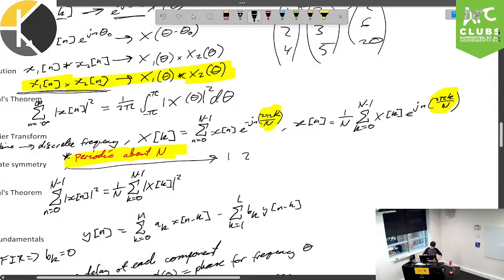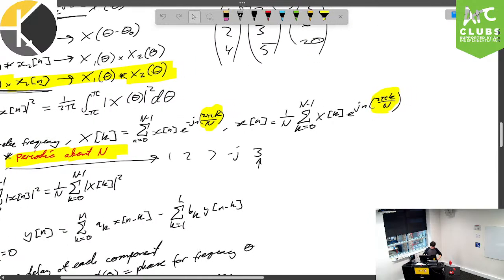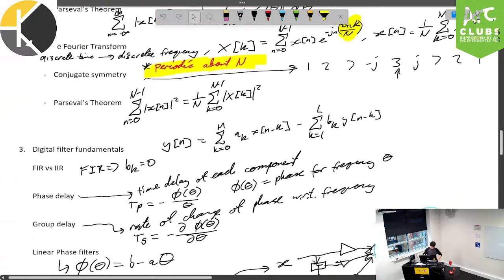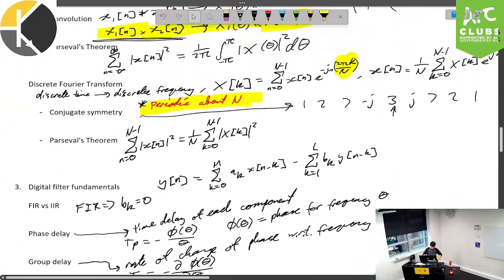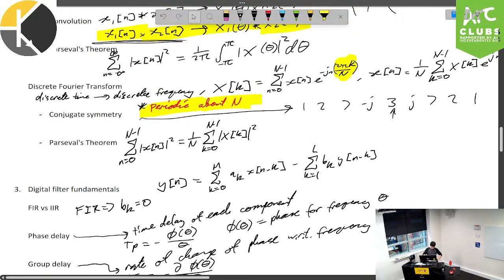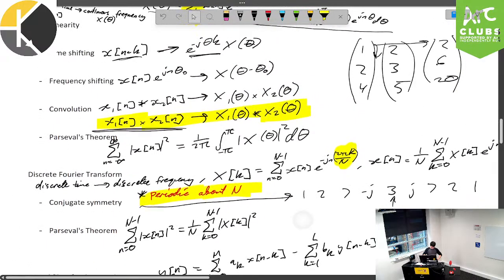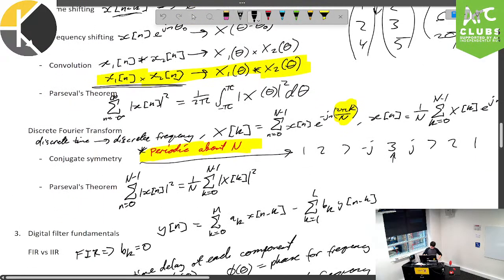So if I had 1, 2, 7 minus j, 3, and I say 3 was the midpoint, then as I have conjugate symmetry, I would get 7 plus j, 2, 1 on the end. All right? Fantastic stuff. And once again, we see Parseval's theorem here. It is of a very similar form. We just note that the 2 pi is replaced with an n, and that is just about it.